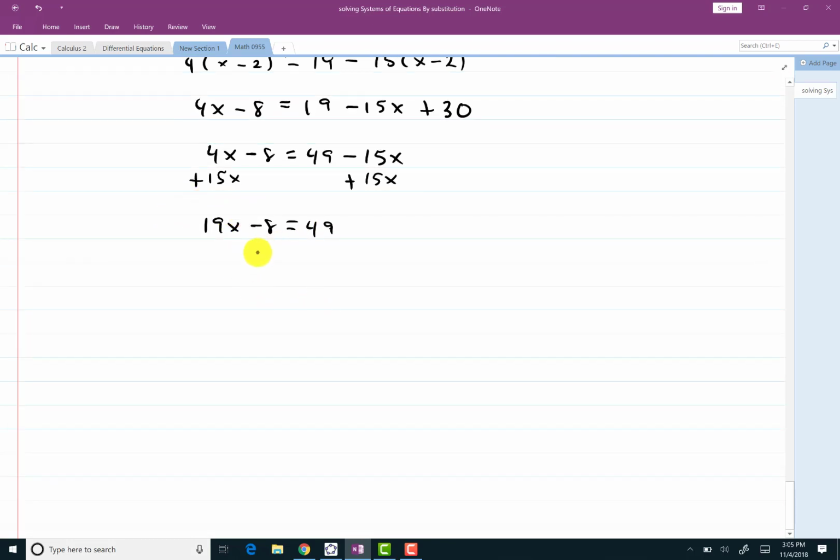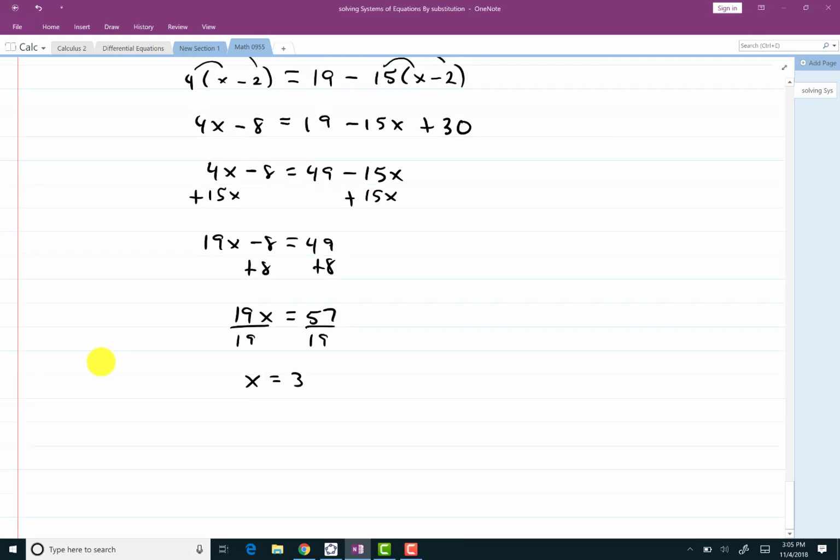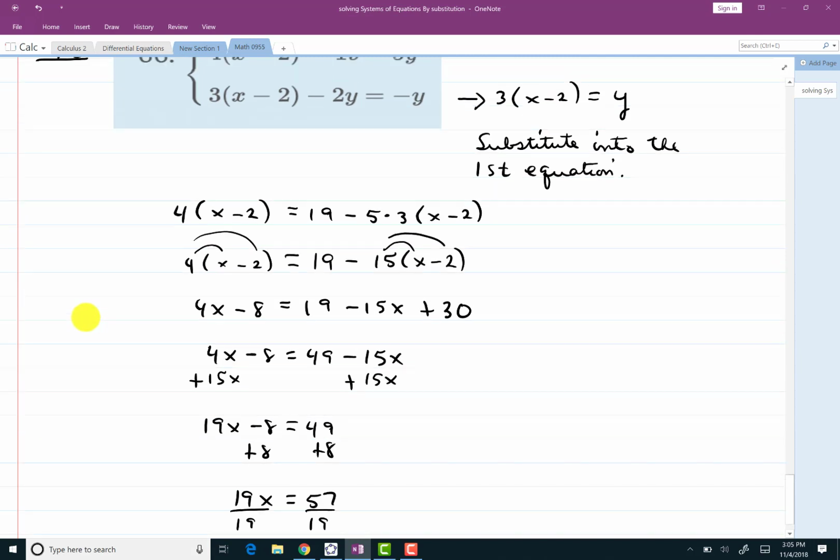I will add 8 to both sides. Now I get 19x equals 57. I'll divide by 19, and I will get x equals 3. Now let me go find out what y was equal to and replace my x value.